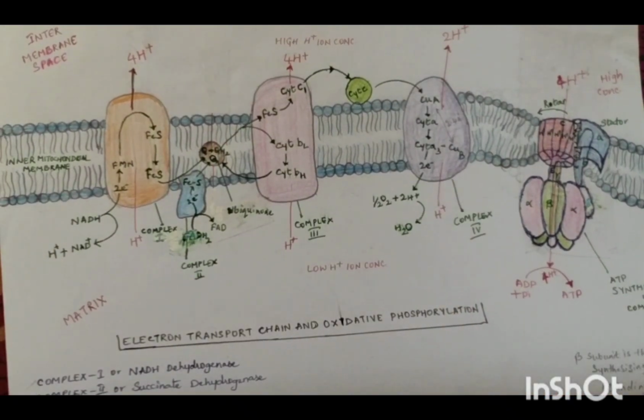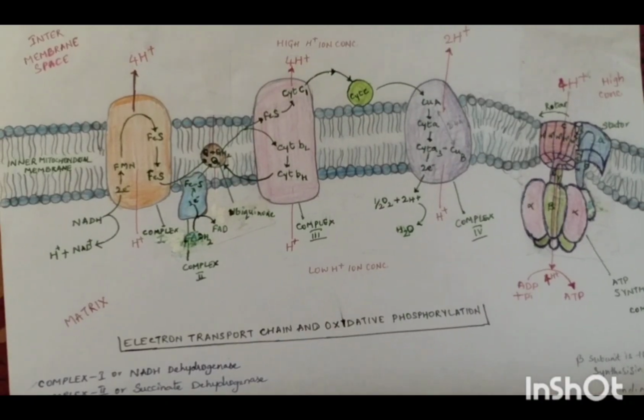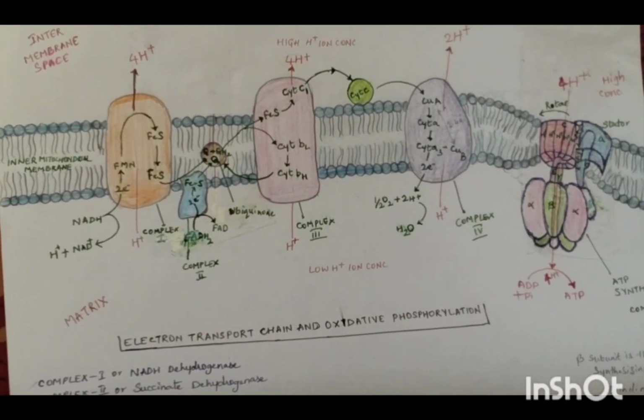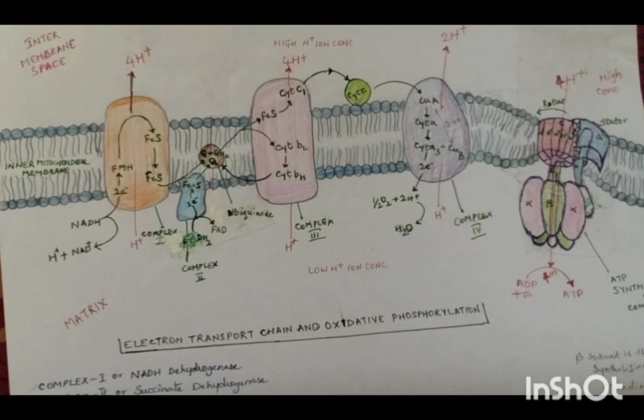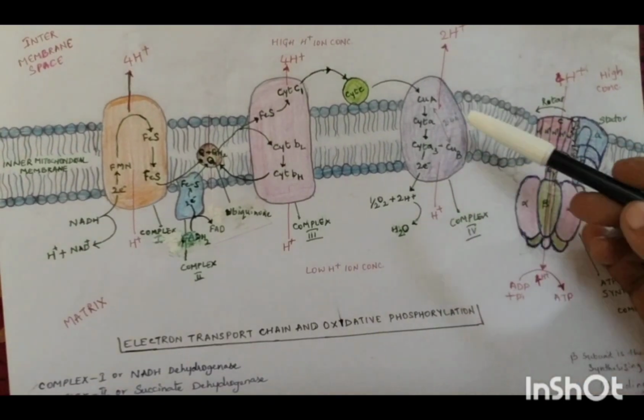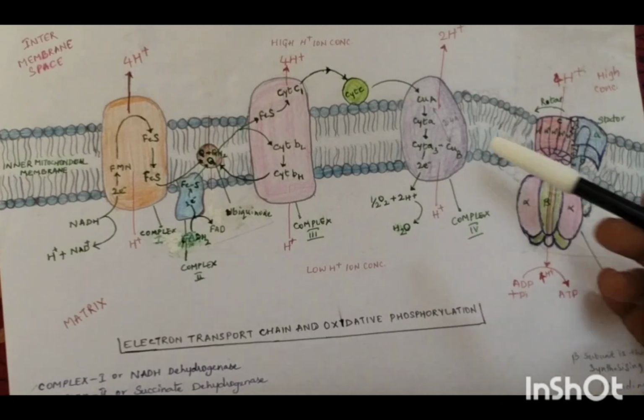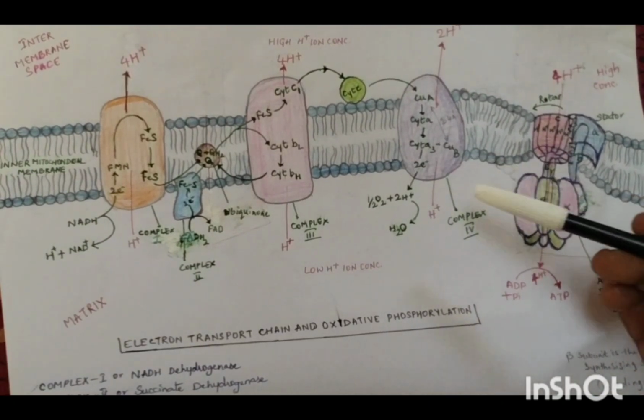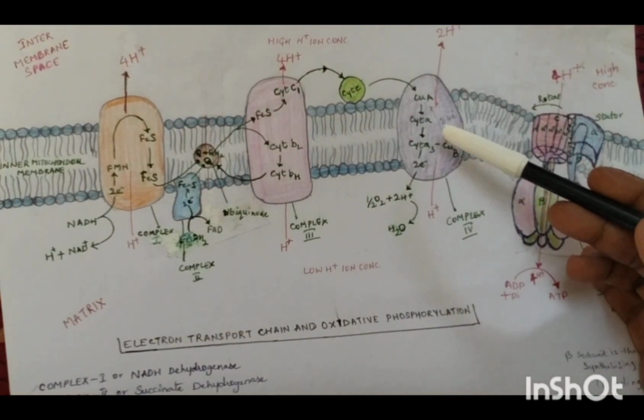Eukaryotic complex 4 is a dimeric transmembrane protein composed of 8 to 13 subunits. Among them, subunits 1, 2 and 3 are the core subunits, and subunits 1 and 2 contain all four of its redox active centers: 2 A-type hemes, a and a3, and 2 copper containing centers, copper A and copper B.